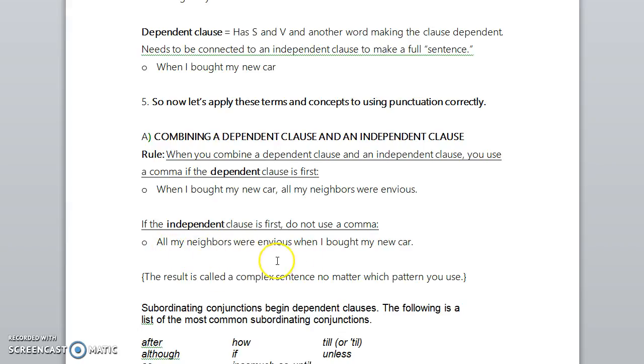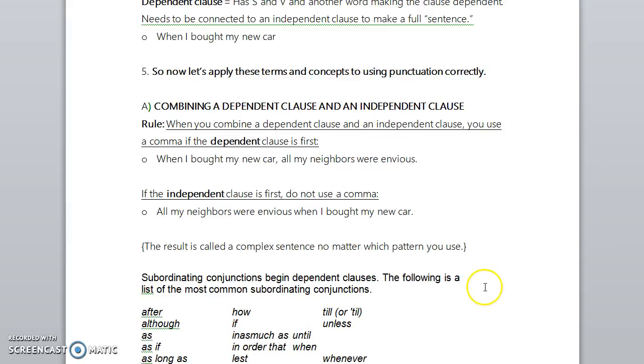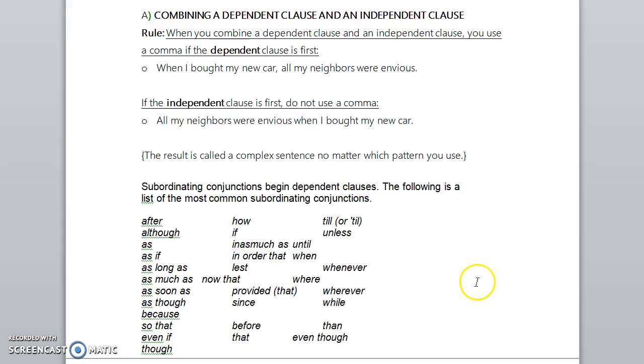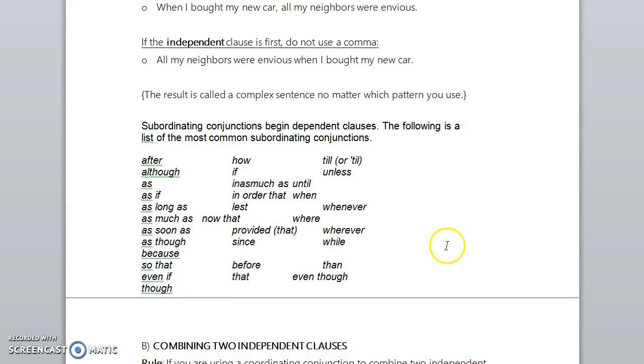All my neighbors were envious when I bought my new car. The result is called a complex sentence no matter which pattern you use. Subordinating conjunctions begin dependent clauses. The following is a list of the most common subordinating conjunctions.